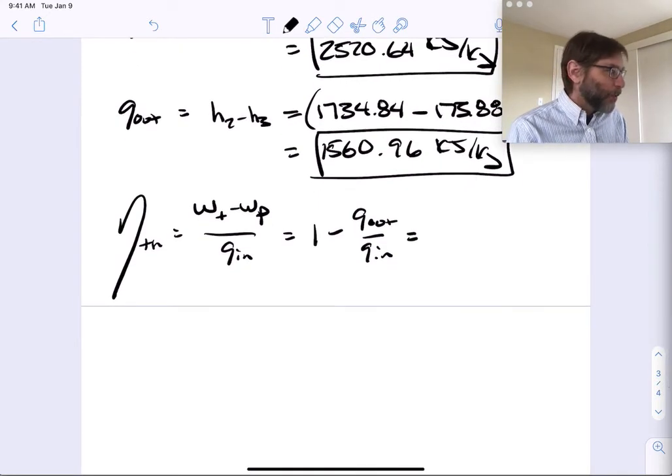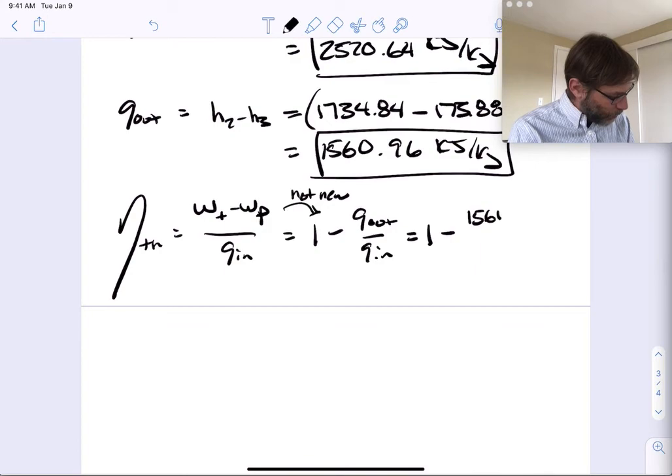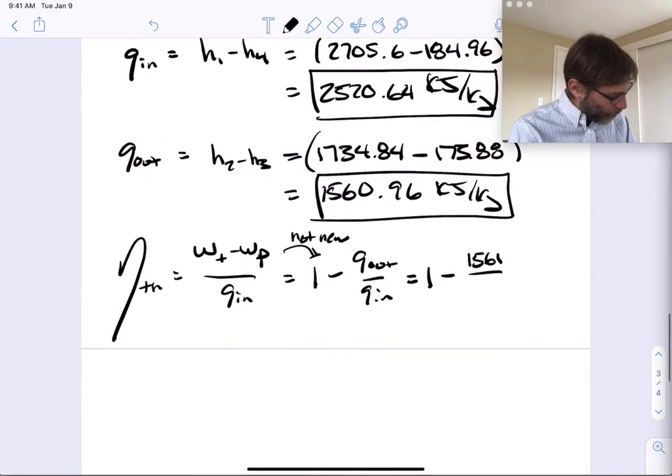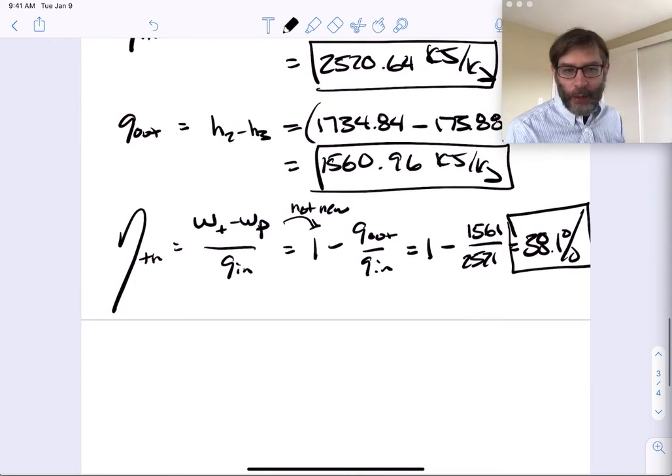I hope I don't scare anybody there, I'm just making this leap here. Anyways, we have Q out, which is 1561 essentially, and this is 2521. And this ends up being 38.1%. So it sort of validates the power plant efficiency.